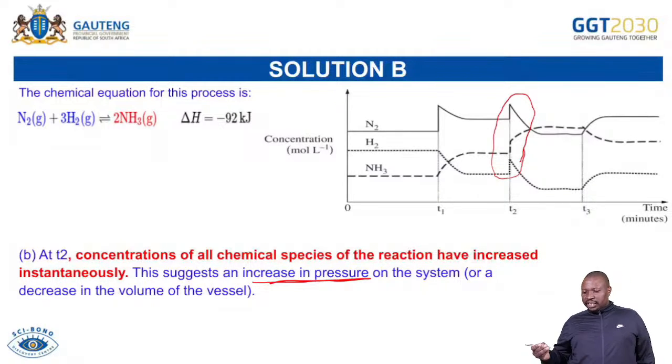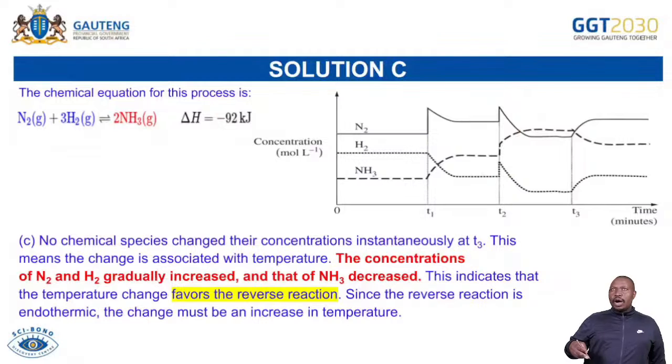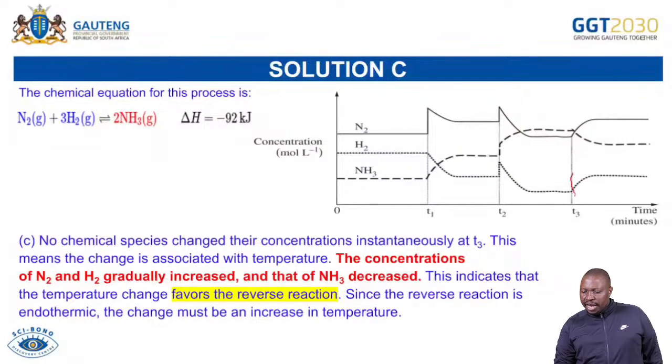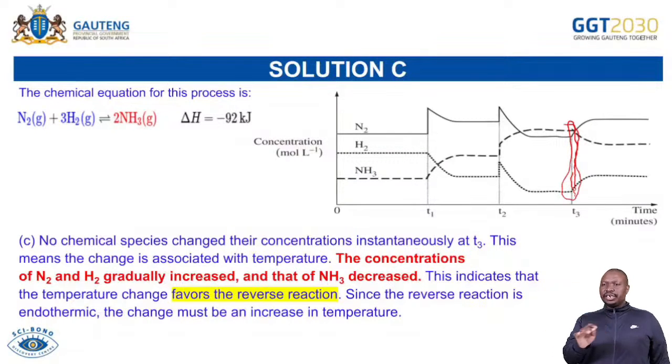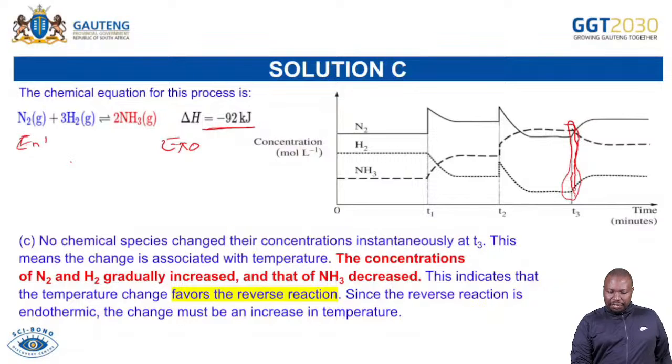But when it comes to T3, which is your temperature, the last one, you are able to see that they all now remain the same. Remember, when you increase temperature, you are not changing the concentration, so the concentration there will remain the same. Hence we are saying this must be temperature. If the forward reaction is exothermic, it means the reverse reaction is endothermic.